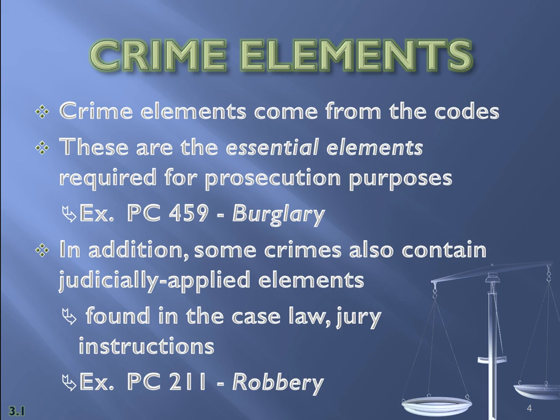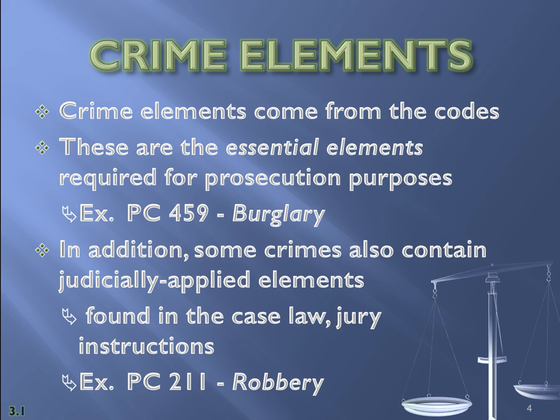Now, the elements of a crime can be determined from carefully reading the statute. And so when you look at elements here, on the slide before you now, crime elements come from the codes. There's quite a bit of codes that we've talked about before, but we're going to be in the Penal Code right now. So as I said, we'll use burglary as an example.